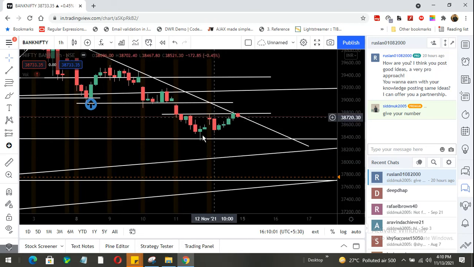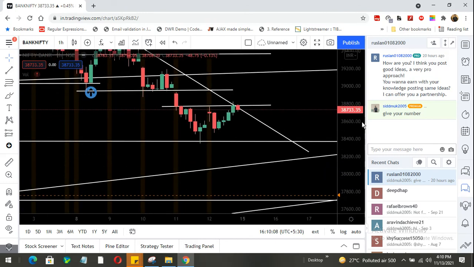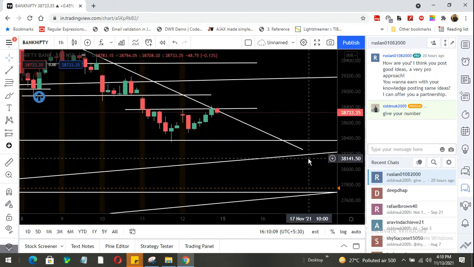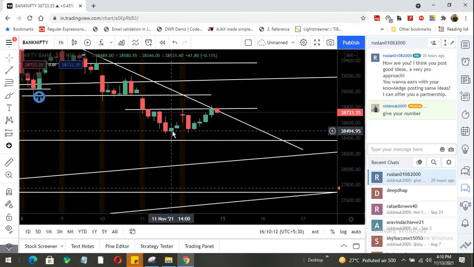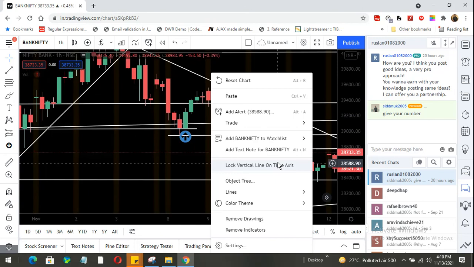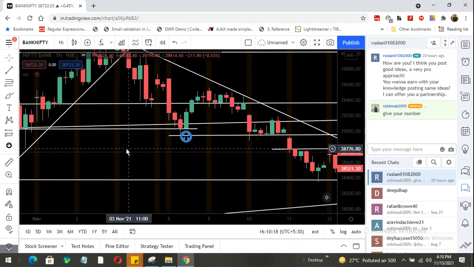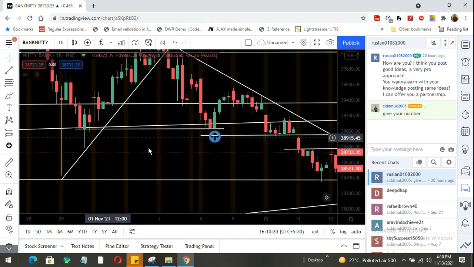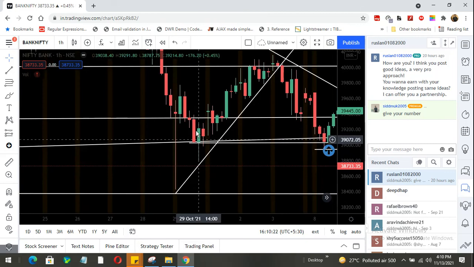Again, you can see that. So this was the bullish Harami pattern. Another bullish Harami pattern I will show you, and this should be near the support only. This is the bullish Harami pattern. The previous candle is red. The next candle is green, but that green candle is exactly half of the previous day candle or one third of the previous candle.